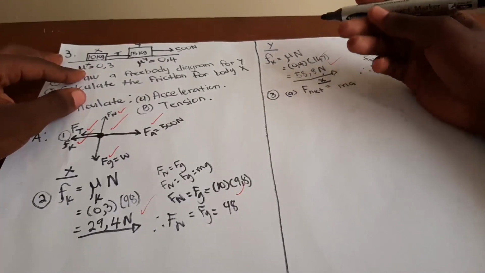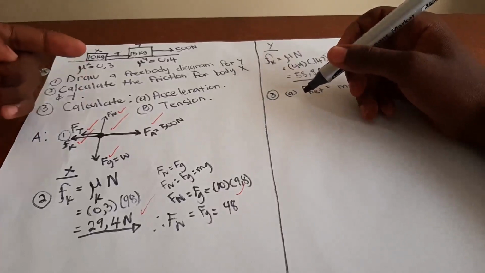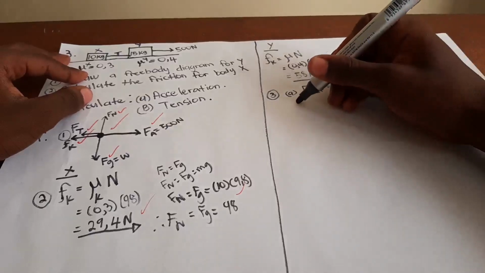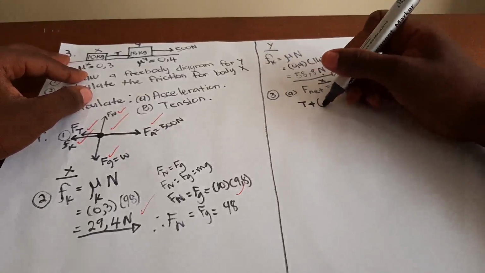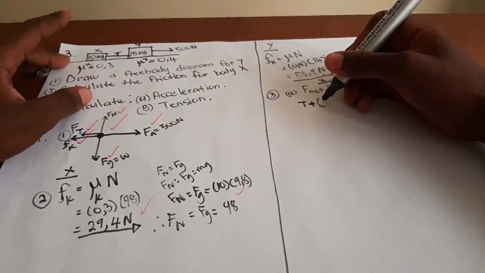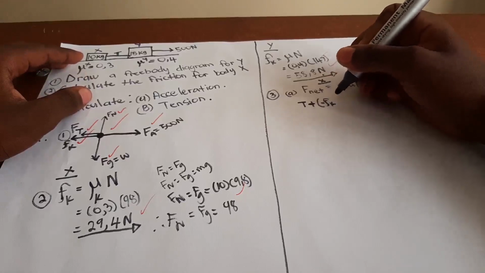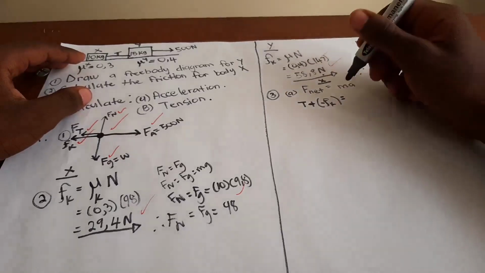There's also a tension force, going to the same side as the applied force, meaning our tension is positive. So our tension plus our kinetic frictional force is equal to ma.